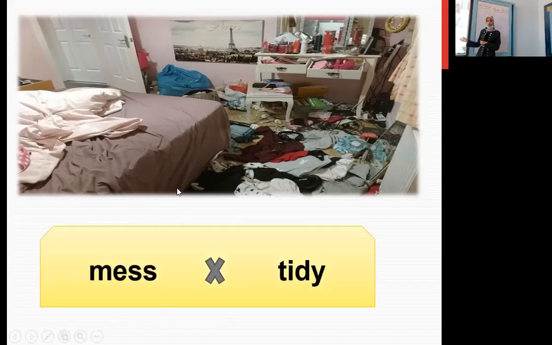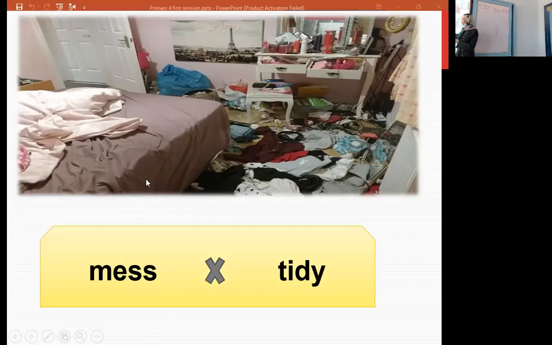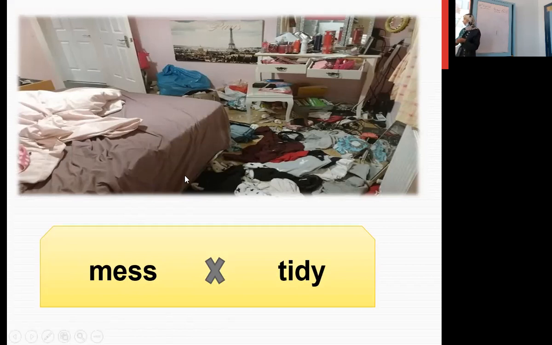And the opposite of this word is tidy. So this room is a mess, and the opposite is tidy. And we can also say mess equals untidy. That's great. What about the next?